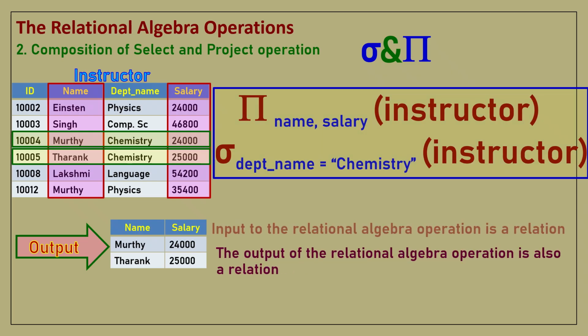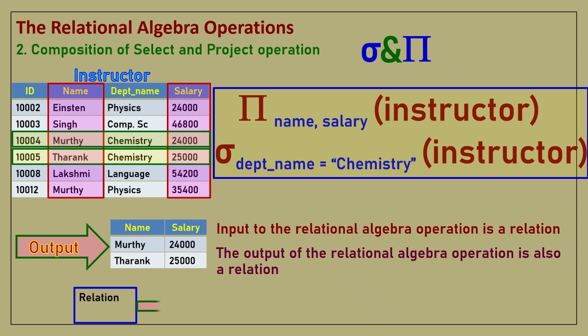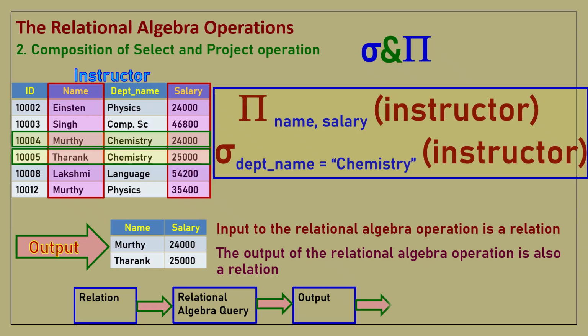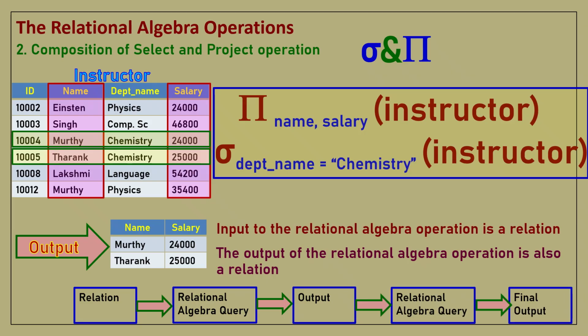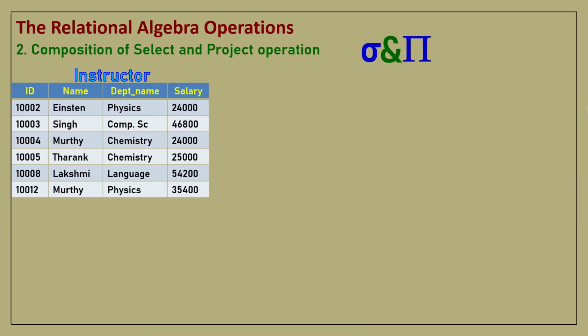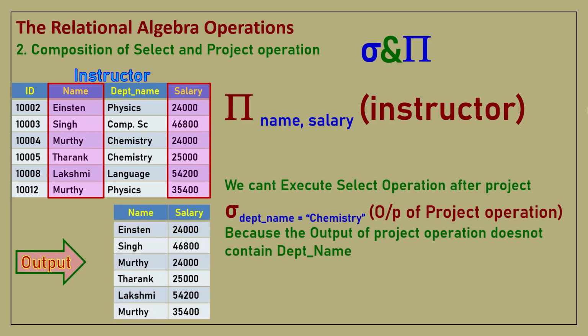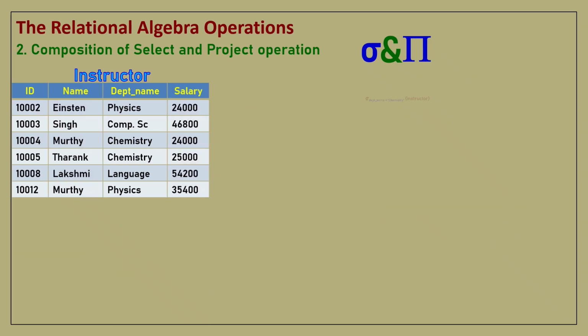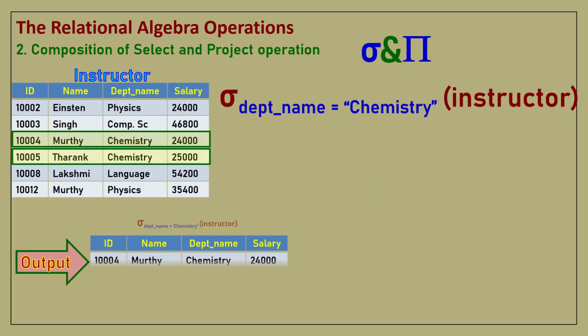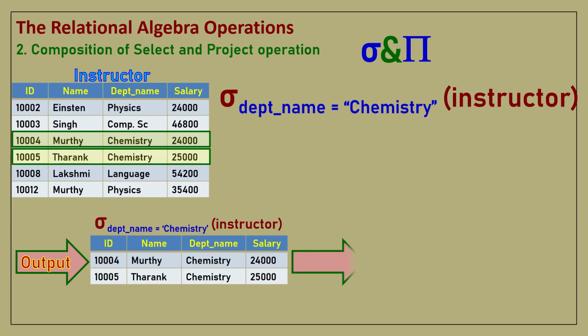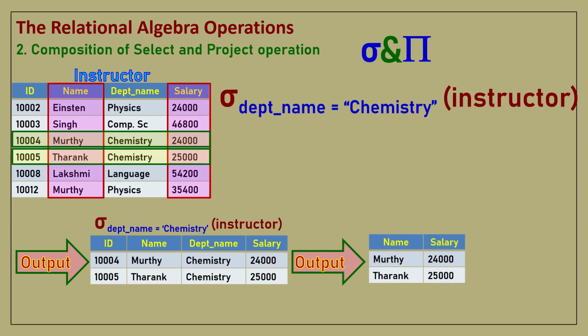An important fact is that both the input and output of a relational algebra operation are relations. So, we can feed the output of one operation to another operation to get the desired result. If we execute project operation first, then the result relation does not contain department name attribute that is required by predicate of select operation. Hence, we execute select operation first, then we feed output of select operation to input of project operation.